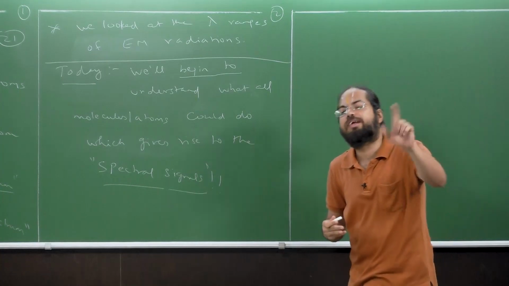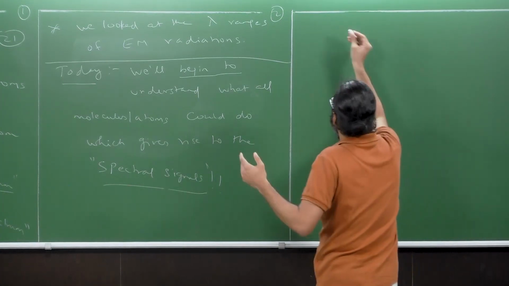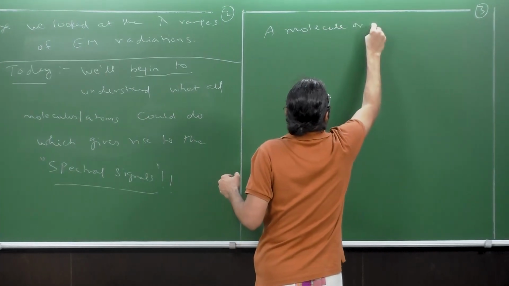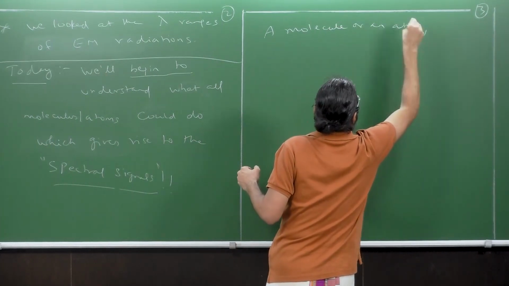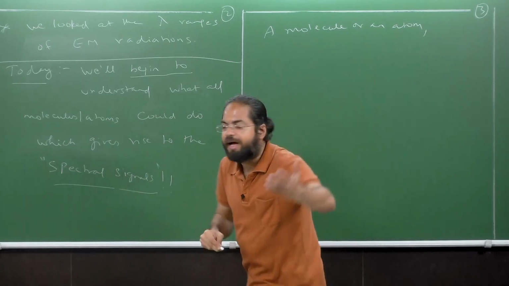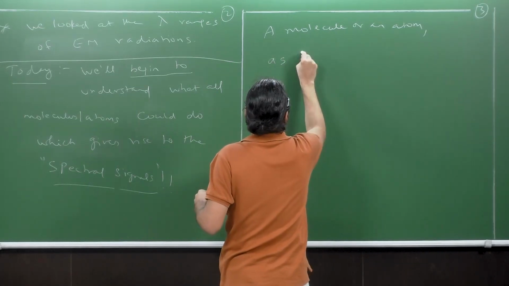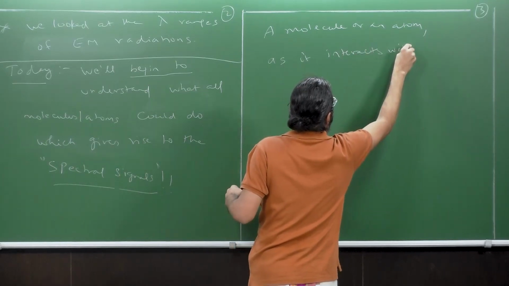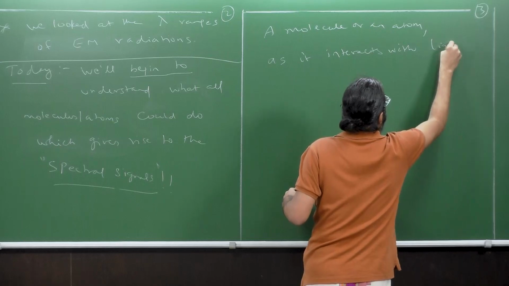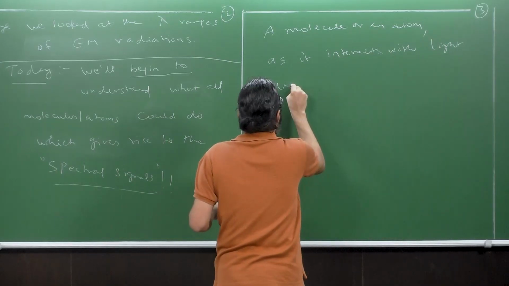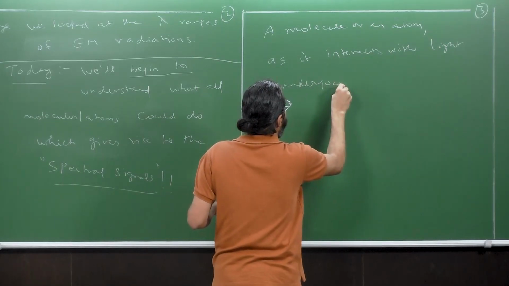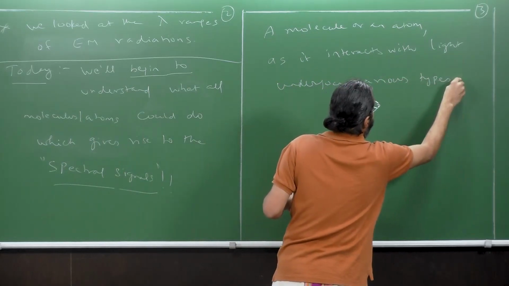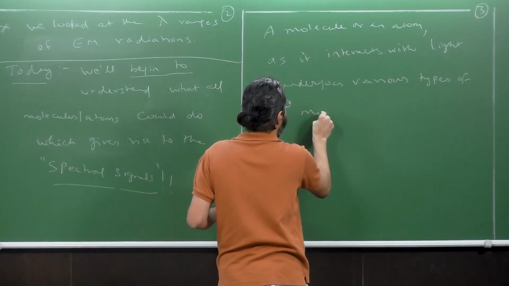The understanding is that a molecule or an atom, as it interacts with light, undergoes various types of motion.